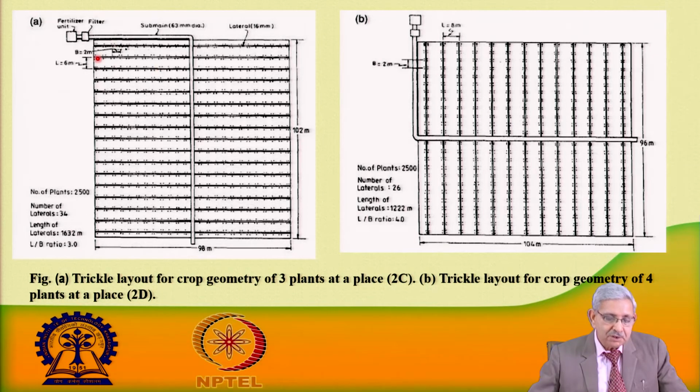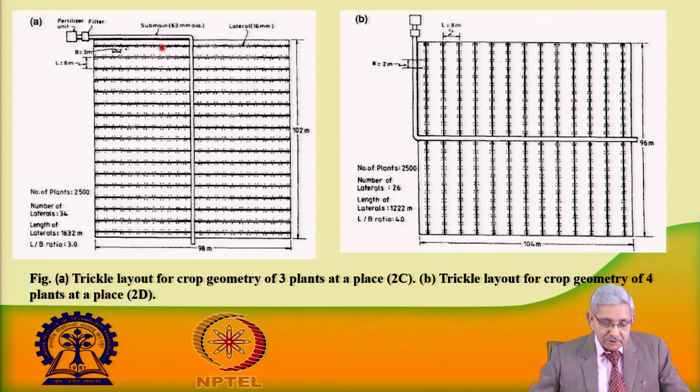The spacing between the laterals is 6 meter, whereas a typical spacing is 2 meter by 2 meter. So, every 2 meter there would be a lateral, but here we have taken 6 meter, and there are 3 plants side by side. These smaller dots are the plantation, and the plant to plant spacing is 2 meter.